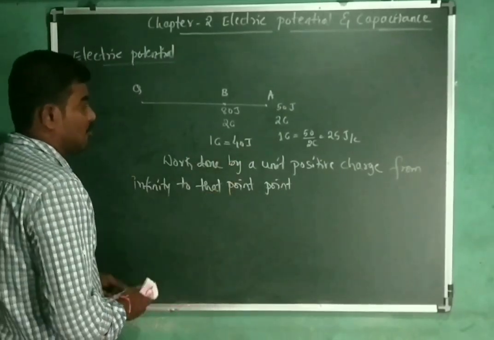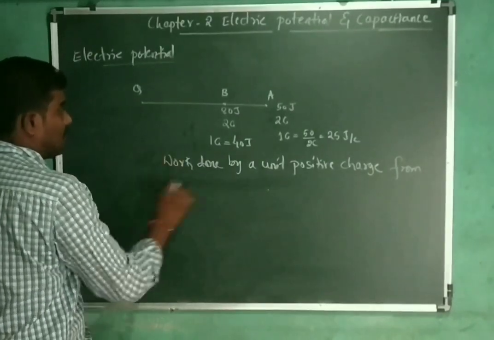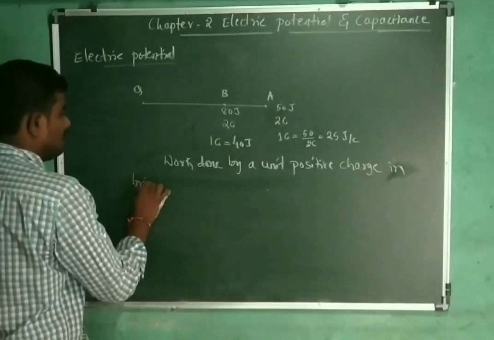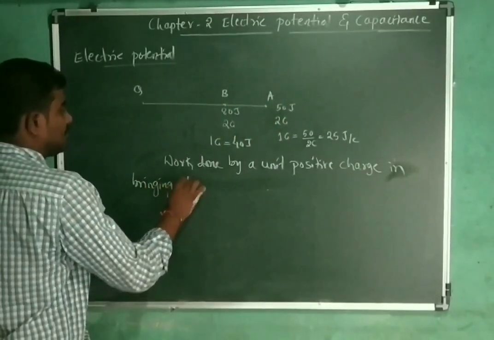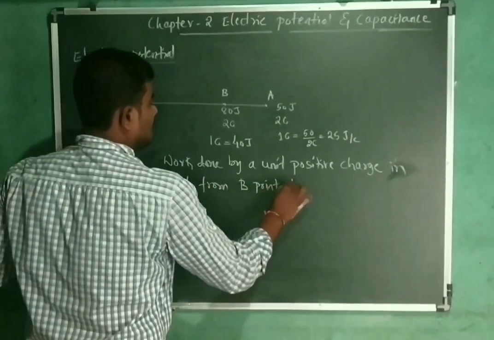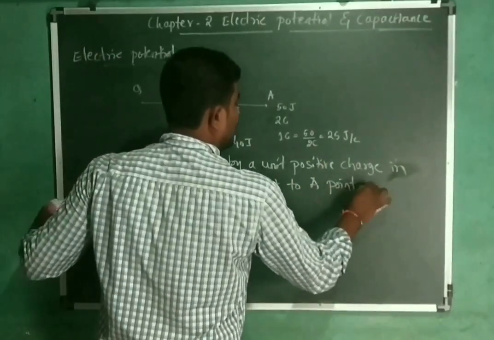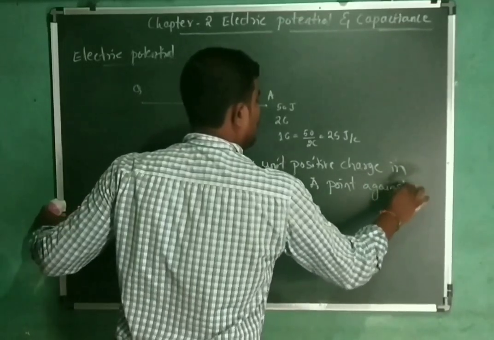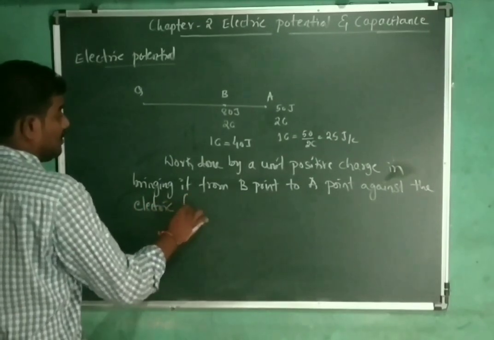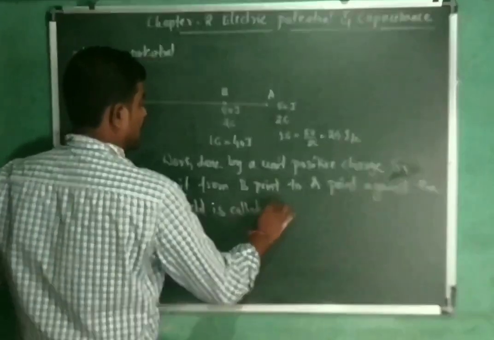Work done by a unit positive charge in bringing it from B point to A point against the electric field is called electric potential.